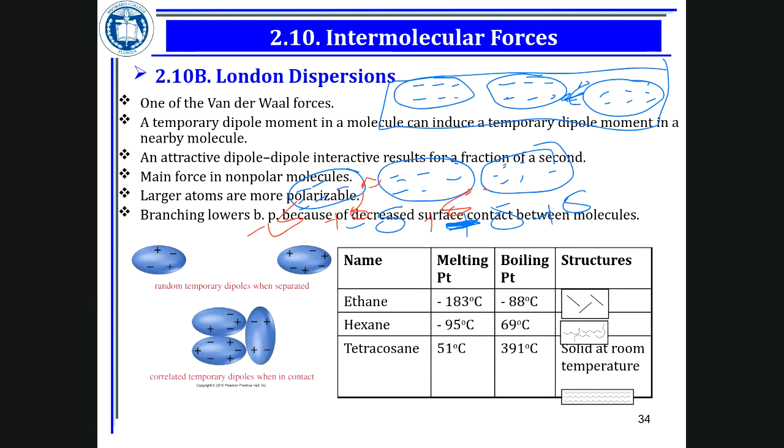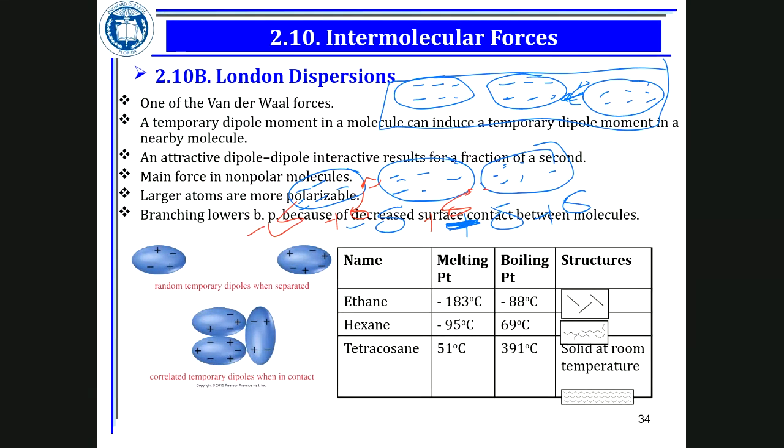London dispersion is not unique to only nonpolar molecules. London dispersion exists among every single molecule. Every molecule has London dispersion. But for a nonpolar molecule, that is the only intermolecular force.